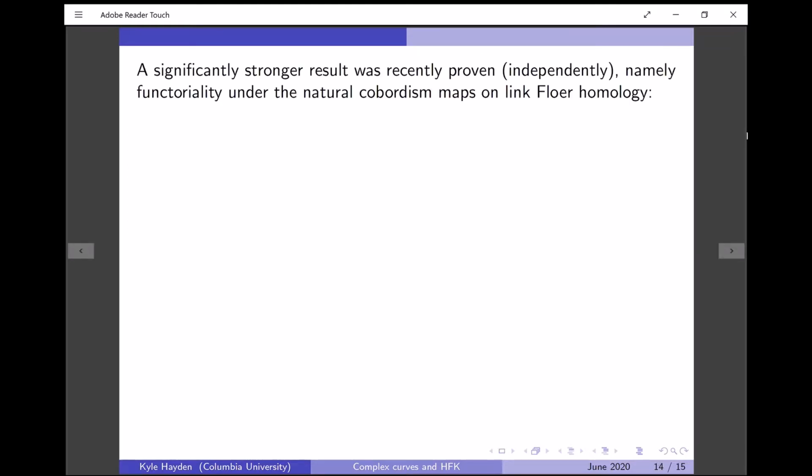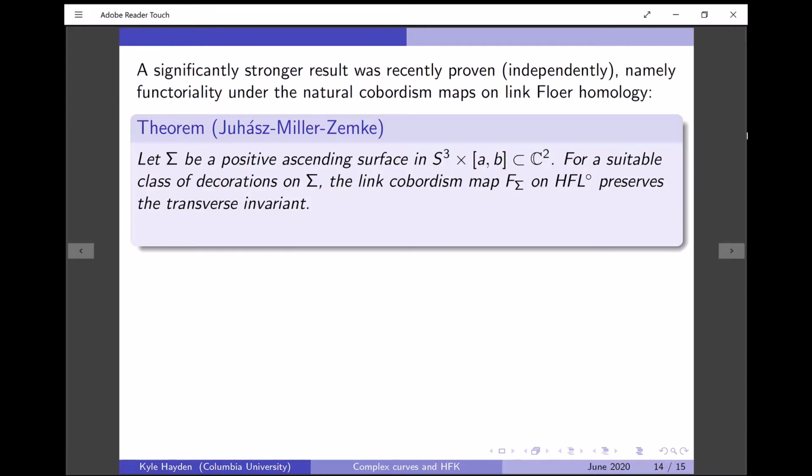Okay. But in fact, something stronger and more useful is true. So this was recently strengthened independently by András Juhász, Maggie Miller, and Ian Zemke. And what they showed is that, in fact, the transverse invariant is functorial under the natural cobordism maps on link Floer homology induced by a positive ascending surface.